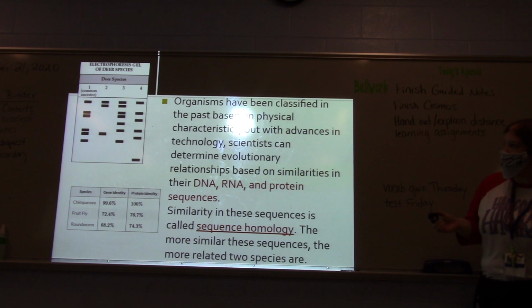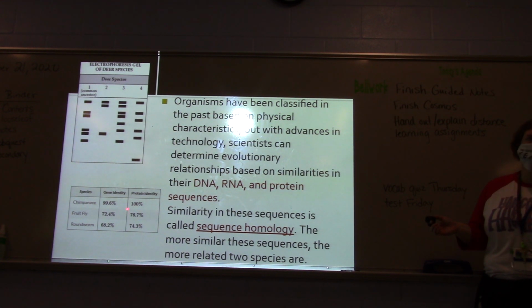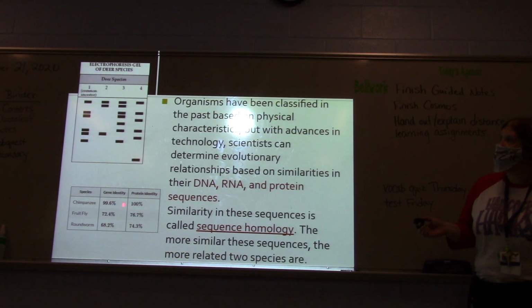So if you look at this, humans compared to chimpanzees, we're 99.6% the same in DNA. If you look at our protein sequence, however, we're 100% the same as chimpanzees. Fruit fly, we are 72.4% similar to a fruit fly, and pretty similar there with the proteins.